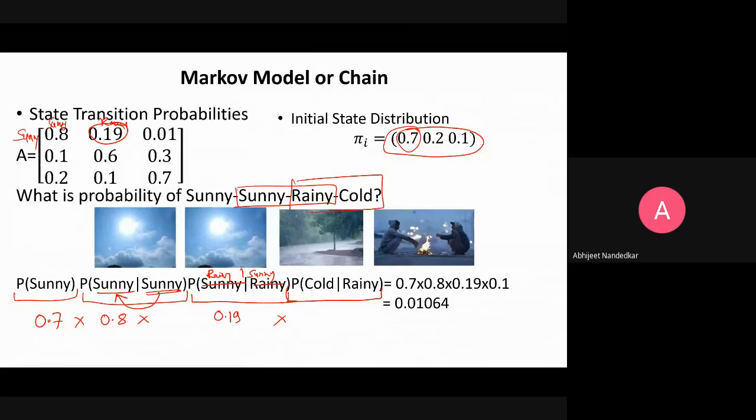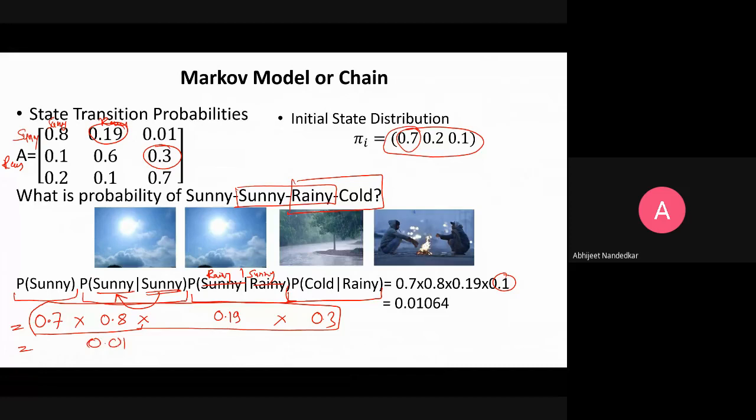So from rainy to cold is the next state. Go to the table and see where rainy is, this is rainy and the next state is cold. I think there is some mistake here. If you multiply 0.7 into 0.8 into 0.19 into 0.3, then whatever probability you get will be a small number.